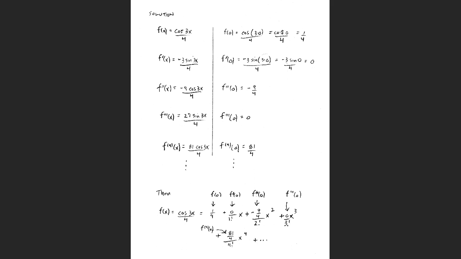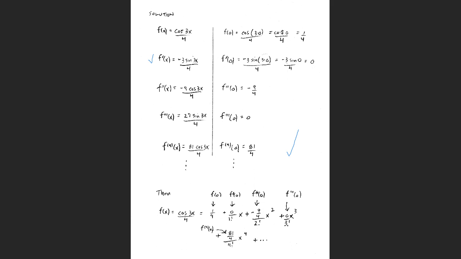So let me give you a moment to copy down. Now, I don't think I need to read piece by piece what I did here, but the function was the cosine of 3x over 4. The first derivative, we have to remember the chain rule, would be negative 3 times the sine of 3x over 4.